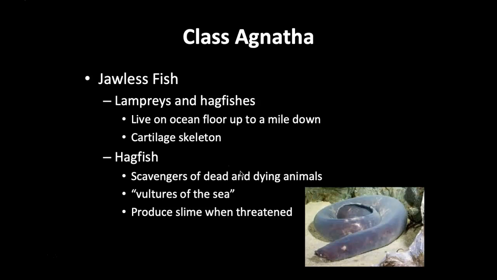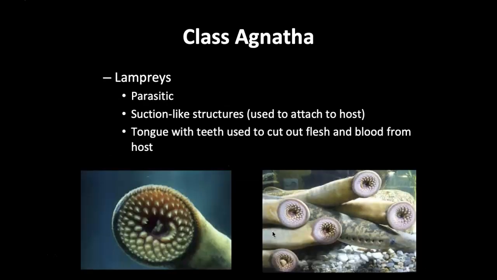What you'll see is that these hagfish will also produce a slime when they are threatened, and it actually is a bad tasting slime. So hagfish aren't a good fish to eat, and the predators don't like them either because of that slime. Lampreys are parasitic, so you can see there in the two pictures below, they actually have these suction-like structures for mouths used to attach to their host.